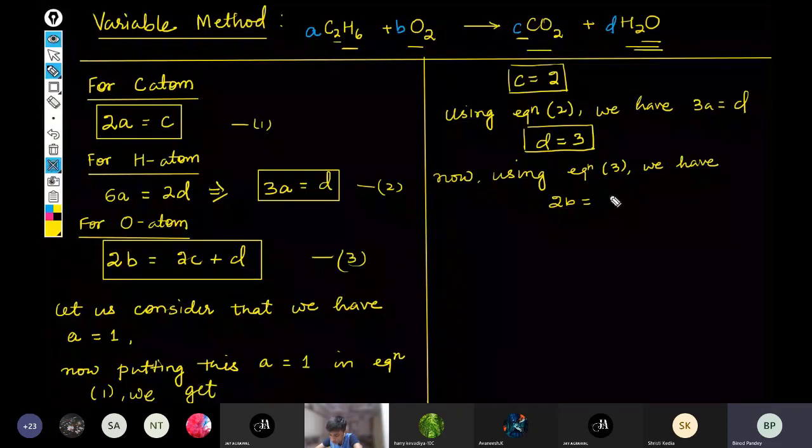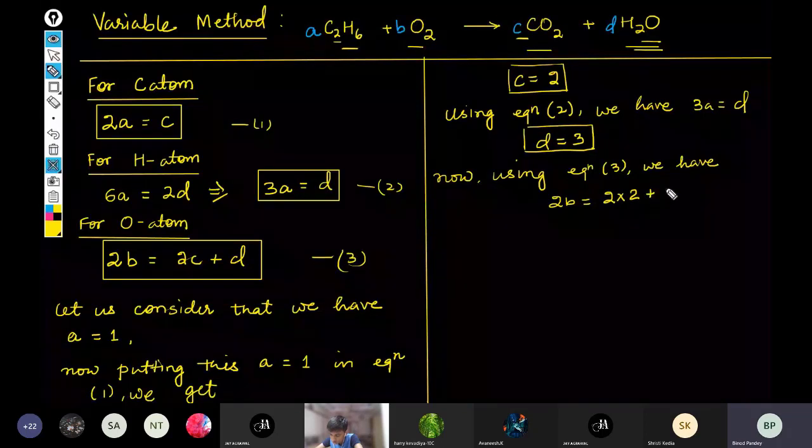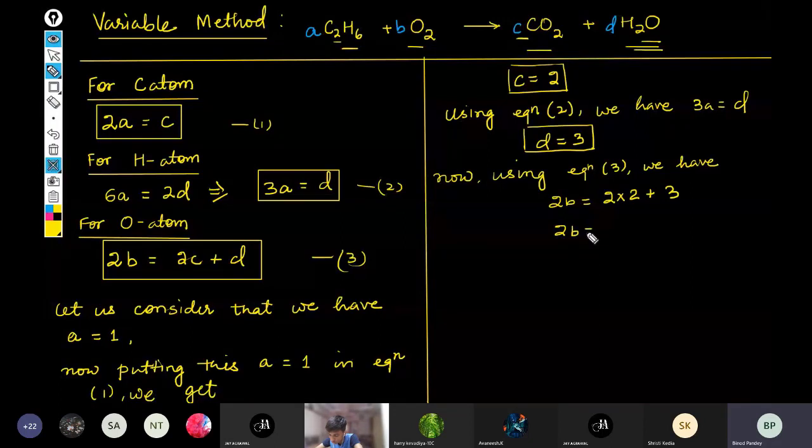So we'll replace 2C by 4, plus we have D as 3. So here it will be 2B equals 4 plus 3, 7, or B is equal to what, children? B is equal to 7 by 2. Is it fine?